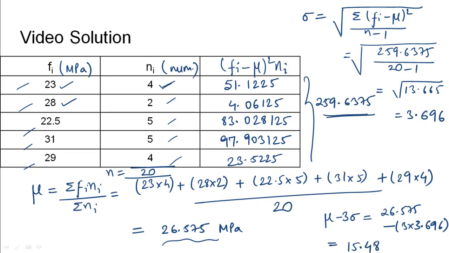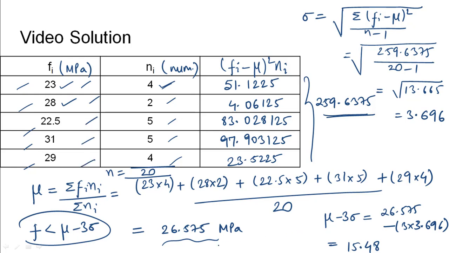15.48. Now we need to find the number of cube specimens that have a compressive strength less than mu minus 3 sigma. Here we can see that none of the cube specimens have a value less than 15.48. All the values 23, 28, 22.5, 31 and 29 are greater.